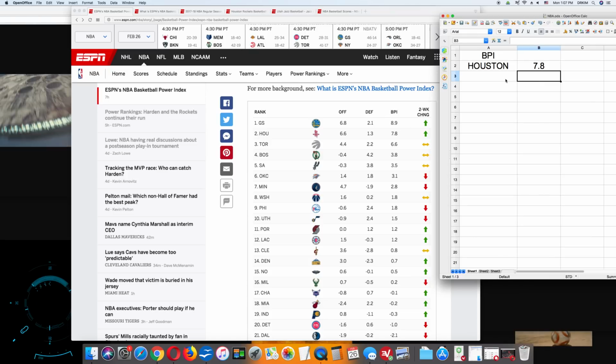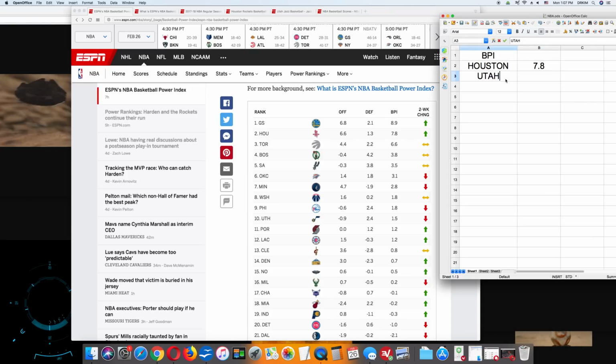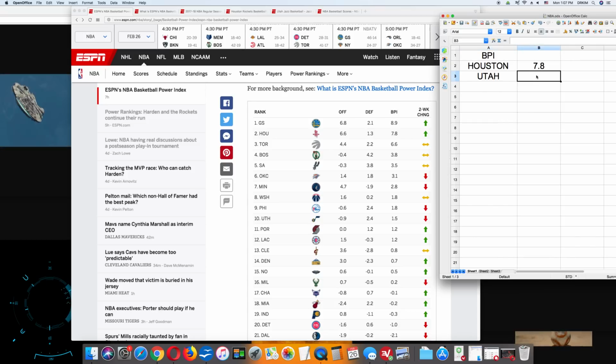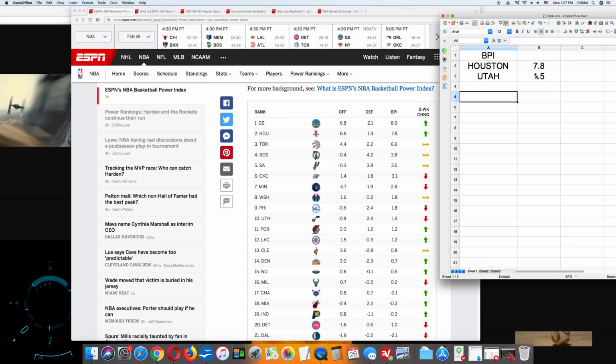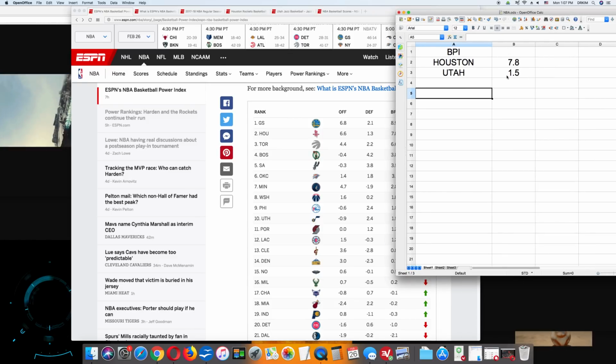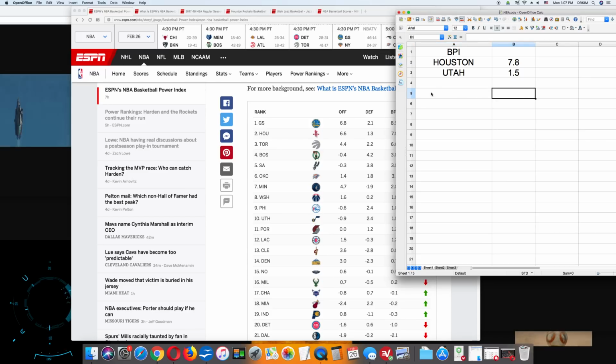And they're playing Utah. So Utah is here. They're ranked number 10, and their BPI is 1.5. So then what you want to do is subtract these 2 numbers. So basically Houston minus Utah.